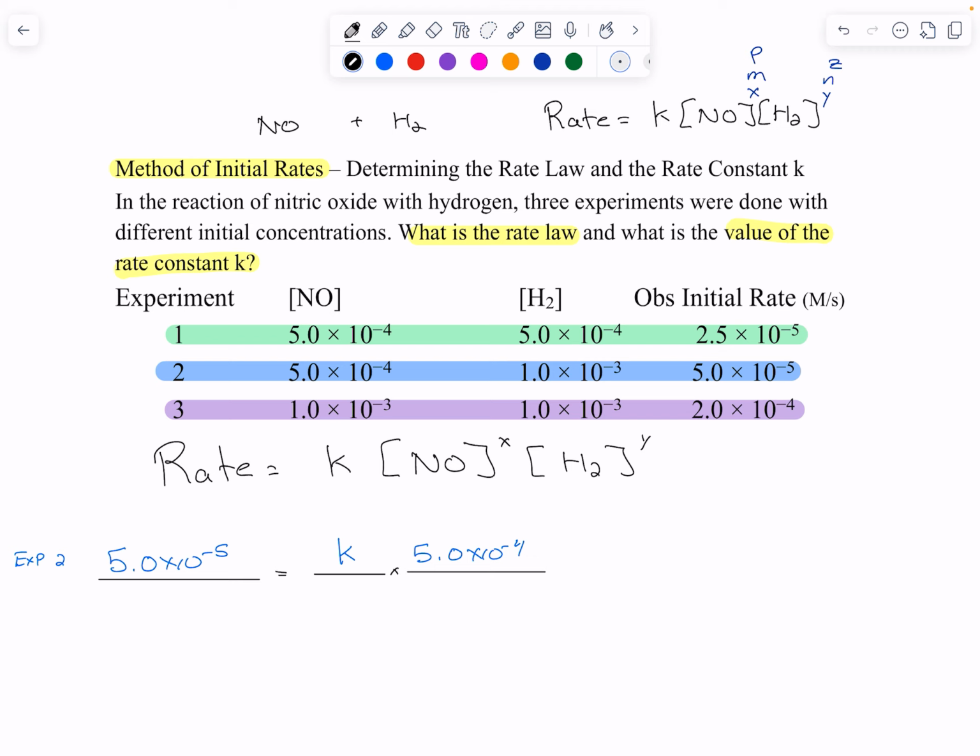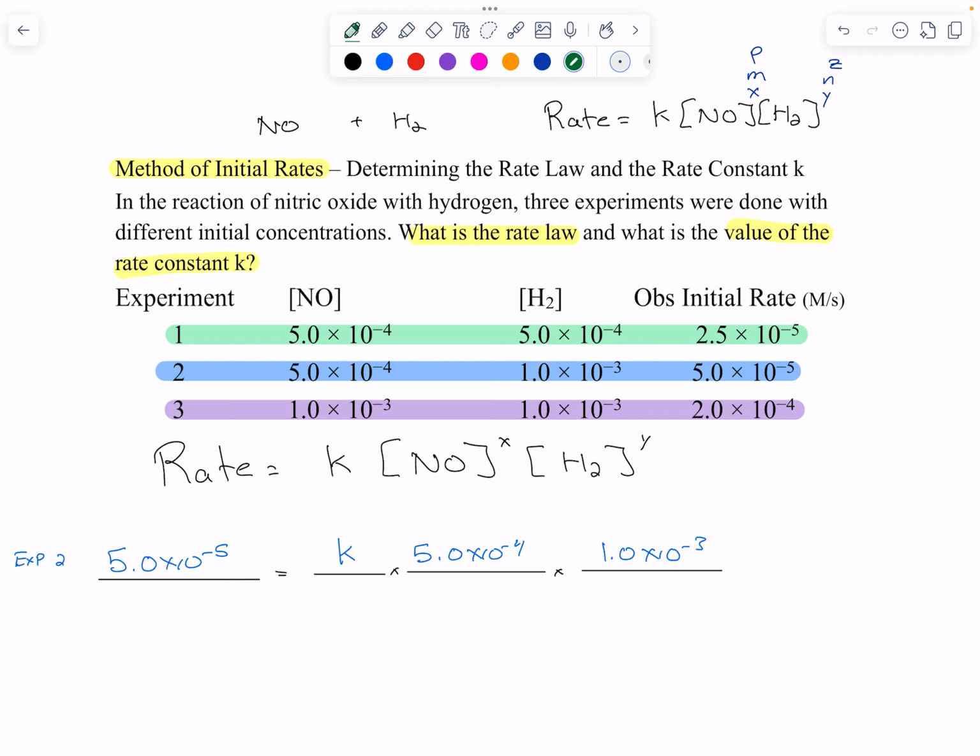All right. Multiplied by the concentration of H2, which is 1.0 times 10 to the negative 3.